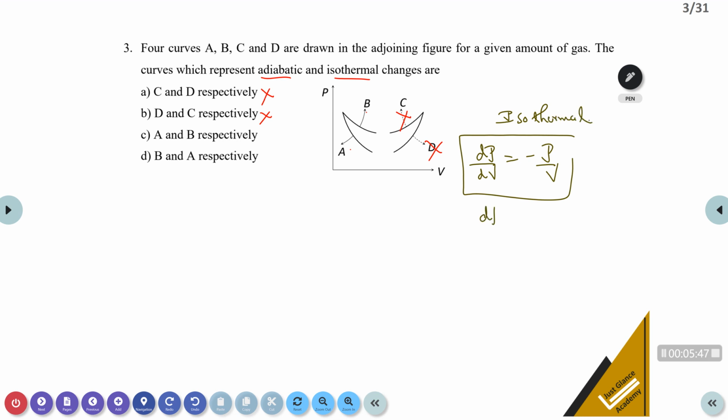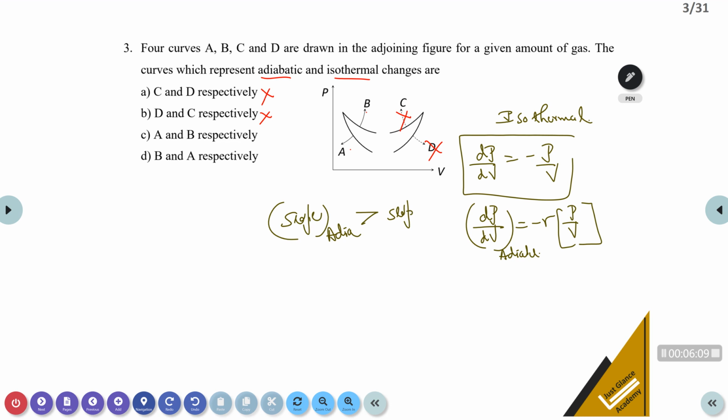For adiabatic, we know that dP by dV equals minus gamma into P by V. That means the slope of the adiabatic curve is more than the slope of the isothermal curve. Gamma times it is greater here.